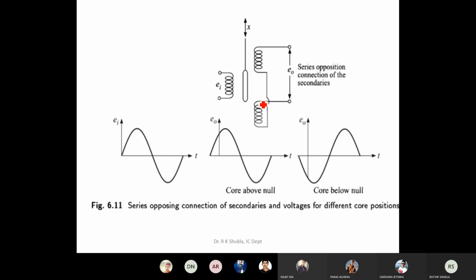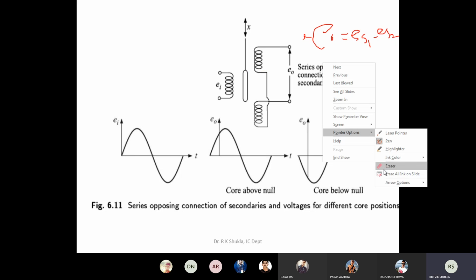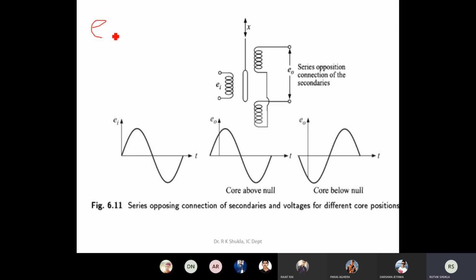That's why the outputs are connected in such a way that E0 is given by ES1 minus ES2. E0 is given by ES1 minus ES2.